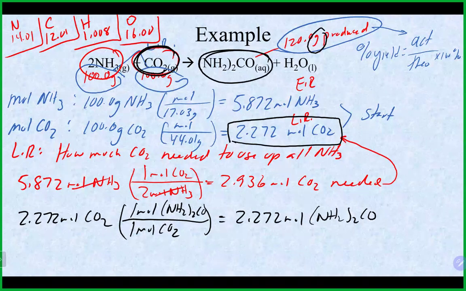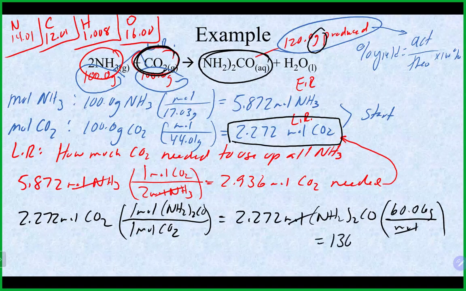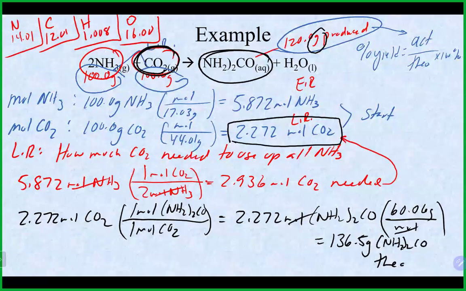I feel like we've seen that number earlier. 60.06 grams per mole. Moles are going to cancel. And this will give us about 136.5. And this number here would be our theoretical yield in this case. Any questions on that there?